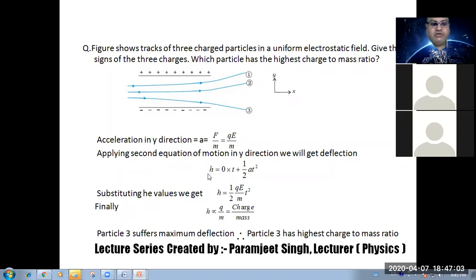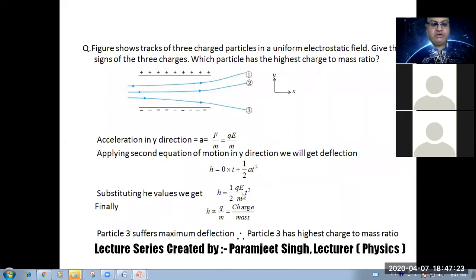So in place of s we put h. Initial velocity u is 0, so 0 into t, plus half a t square, where a is qE by m. We have substituted the value of a.